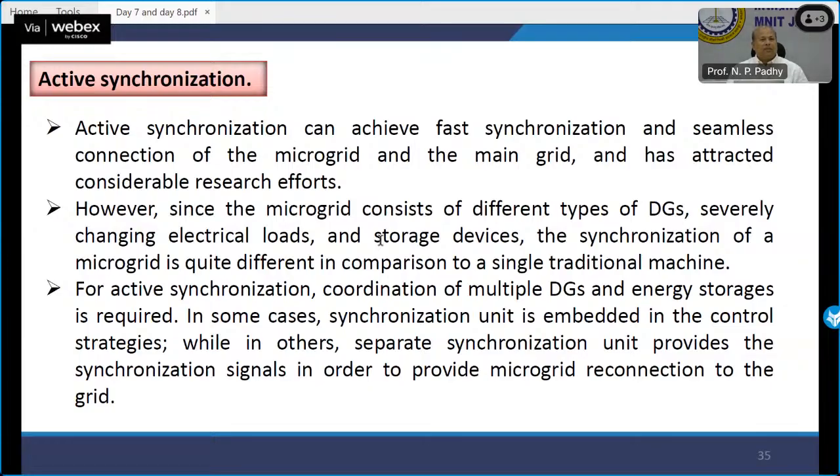So for active synchronization, coordination of multiple DGs and energy storages is required. We need a serious coordination among the machines and storage devices. In some cases, the synchronization unit is embedded in the control strategy itself, while in others a separate synchronization unit provides the synchronization signal in order to provide microgrid reconnection to the grid.